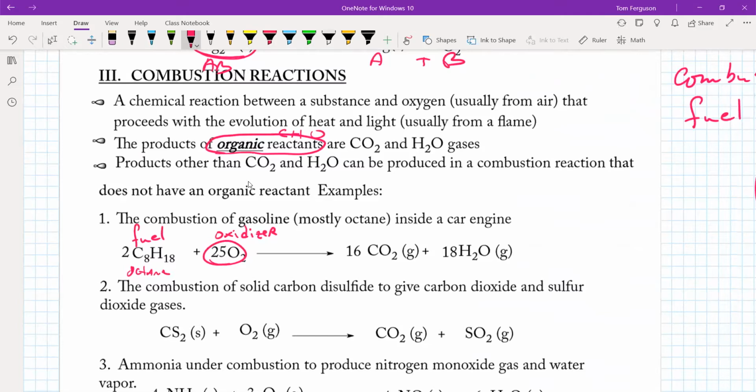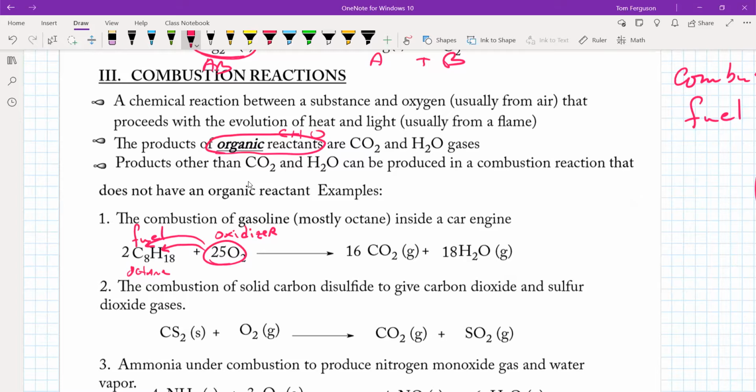Since this is the oxidizer, it is going to combine with each of the elements of the fuel, which are carbon and hydrogen. Oxidized carbon is carbon dioxide. Oxidized hydrogen is water. So we're going to get carbon dioxide plus water.